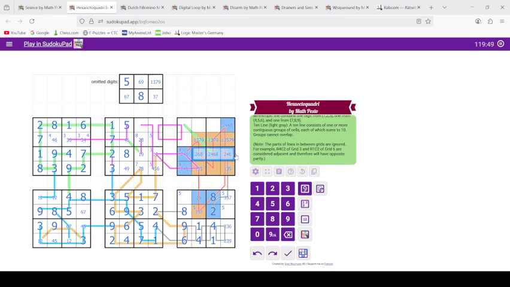Because this one goes in one of these 3. There has to be an even digit over here somewhere.